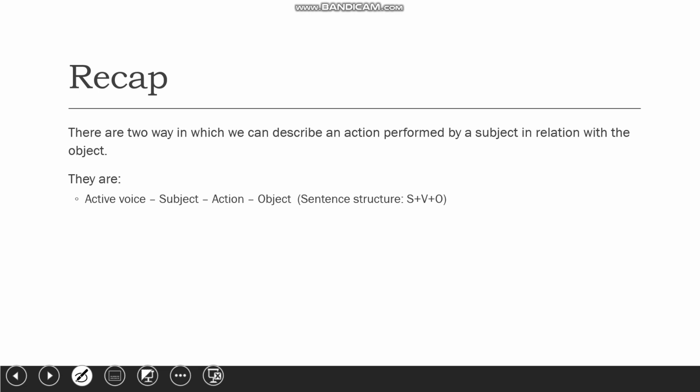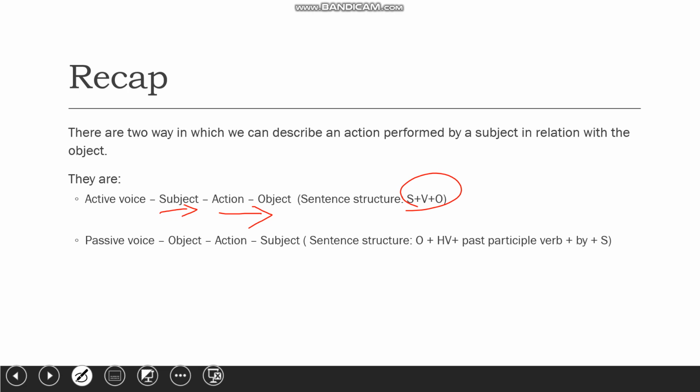In active voice, the subject does the action and the object receives the action. So the sentence structure is subject plus verb plus object. When we see it in passive voice, the action is performed on an object by the subject.